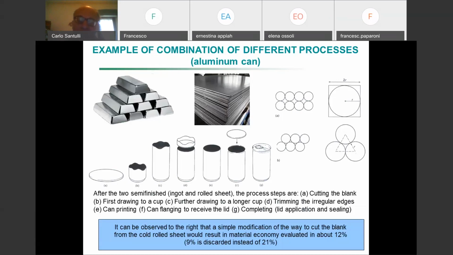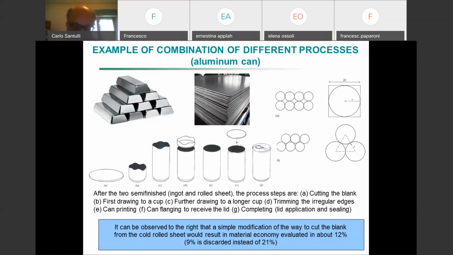Of course, you print it in order to locate the possible plastic sheet which envelopes it, and then you place the lid and you close it with a seal.